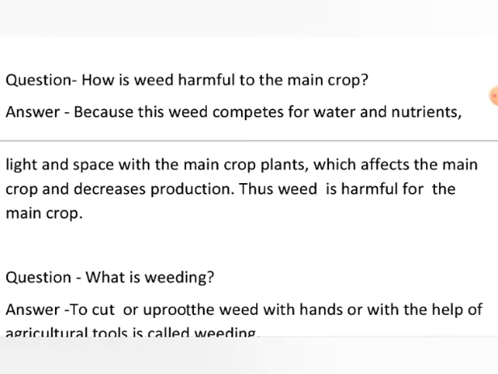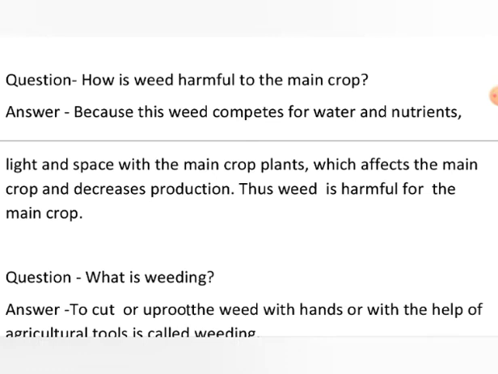See here, for the proper and full growth, a plant needs a particular amount of nutrients, a particular amount of water, a particular space to spread and grow, and sufficient sunlight.